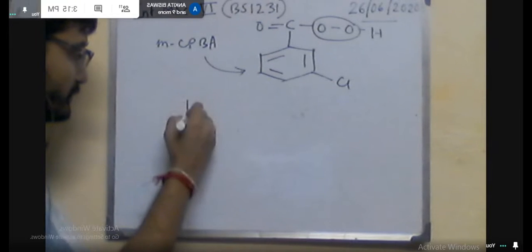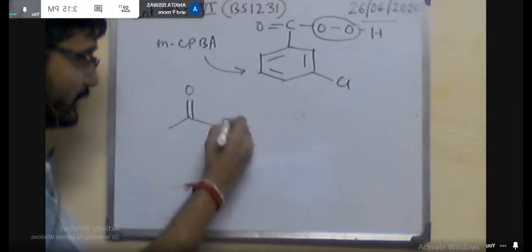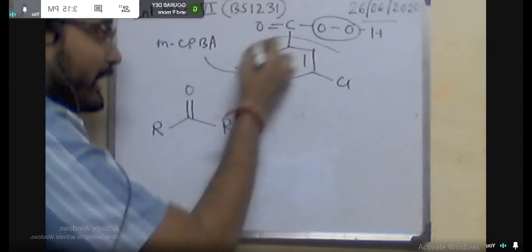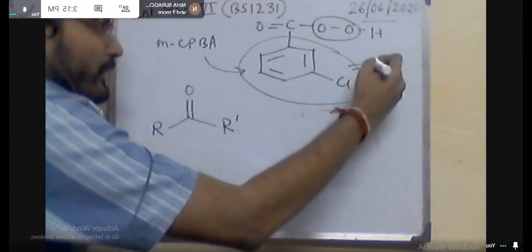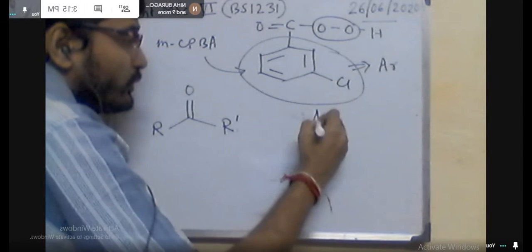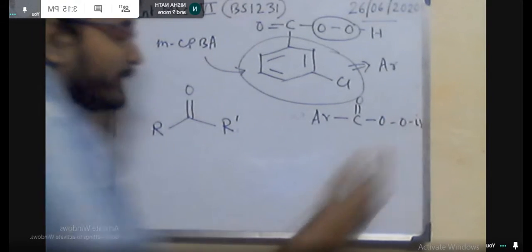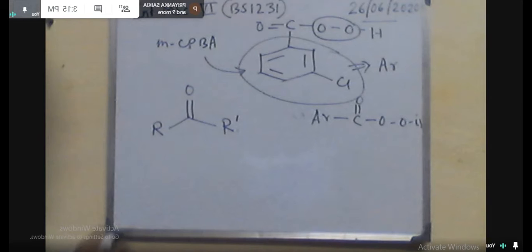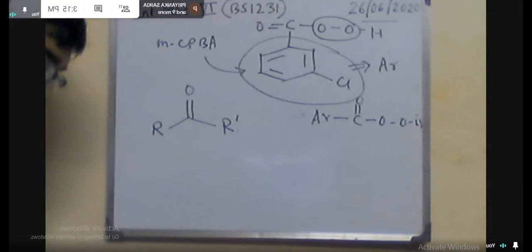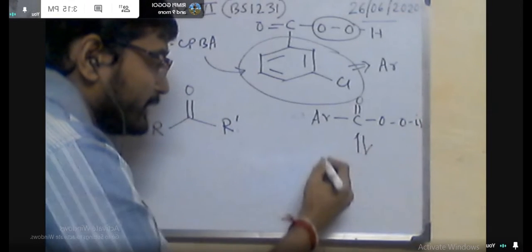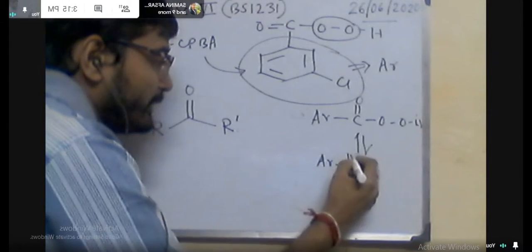The carbonyl residue like this one, we know this is electrophilic in nature. So as a whole we can consider this one as the aromatic, so we can write Ar like this. So in this case, as this is the peroxybenzoic acid, the first step is Ar C double bond O plus H plus.